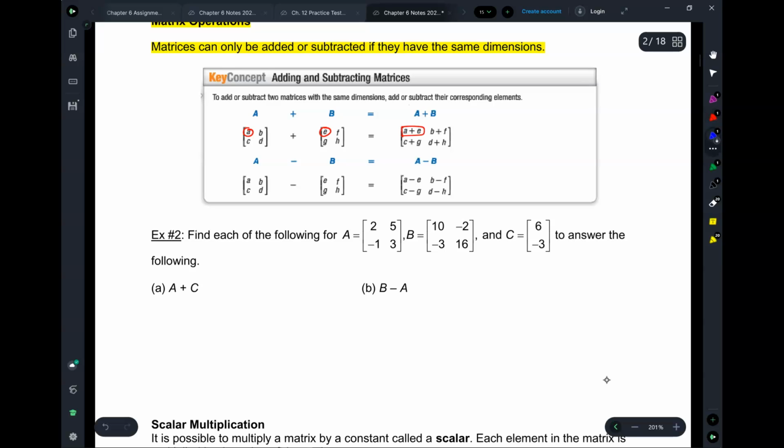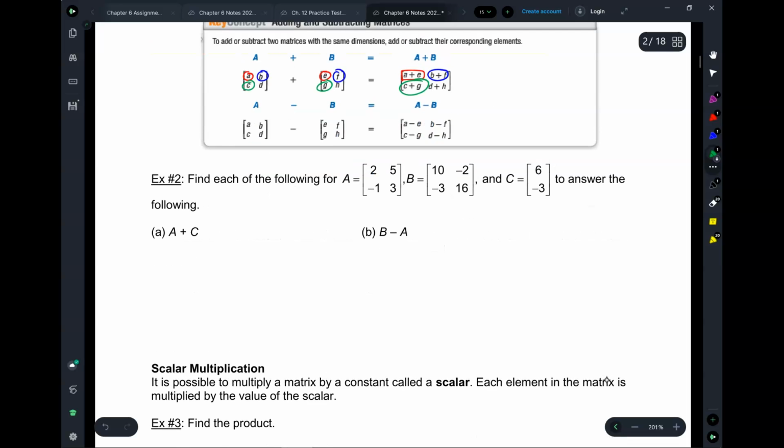Okay? You take the one here, add it to the one in the same spot here, put it here. It's like math. It makes sense. Add these two, right? It's math. Of course it makes sense. And then the same with subtracting.